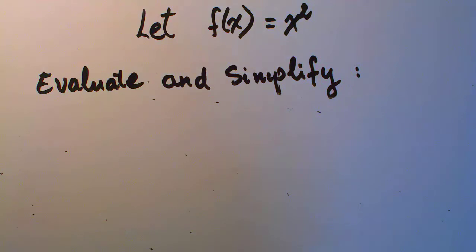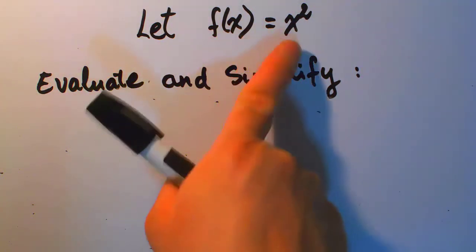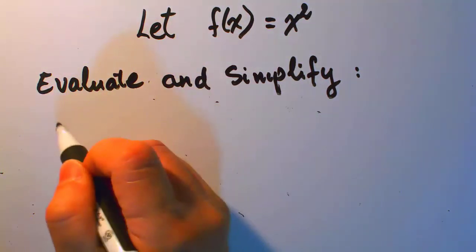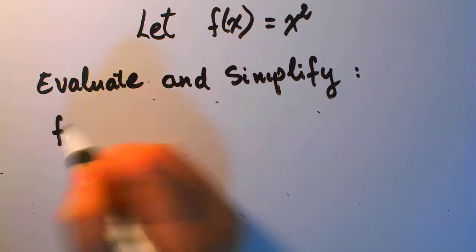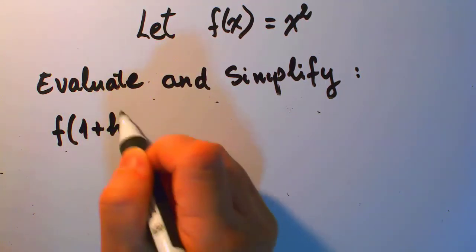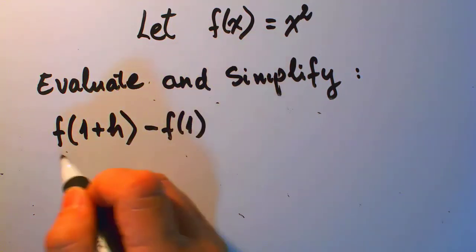And now let's look back at what we did throughout the two quick little examples. The first one we did, still on the same function f of x equals x squared, was given the setup f of 1 plus h minus f of 1 over h.